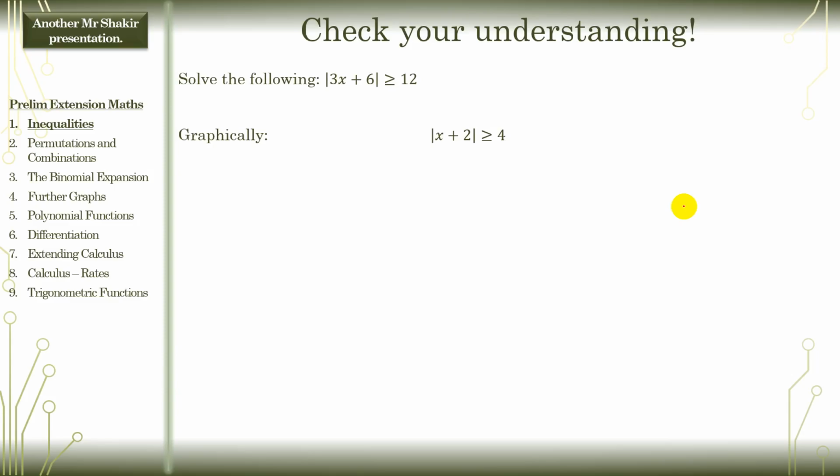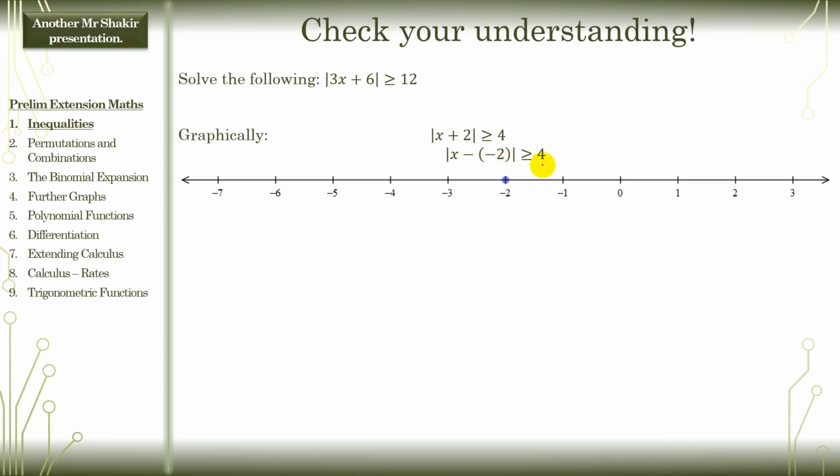Alright, so graphically, divide everything by 3 because we want to convert it into a form we're familiar with. Make it a negative with that negative trick, right? The distance of x from negative 2 is more than 4 units. So negative 2, 4 units on this side is there, and 1, 2, 3, 4 is over here. The distance is more than 4, so it'll be there and there.